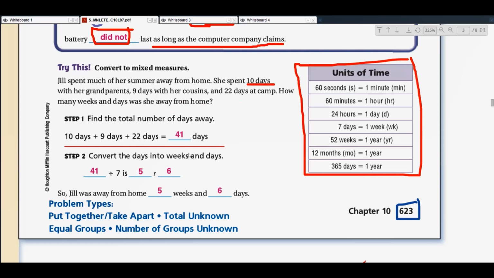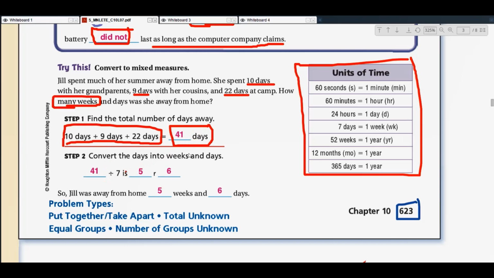You are using time in each single minute in your day. So minutes and days. Okay, so here in this story problem, we want to convert 10 days, 9 days, and 22 days into weeks.